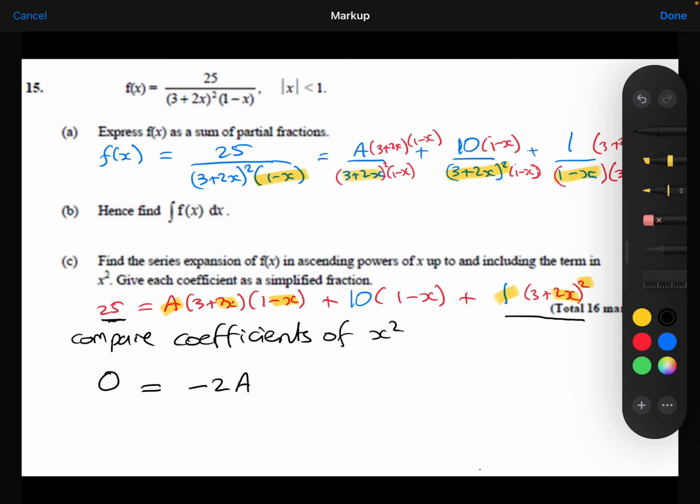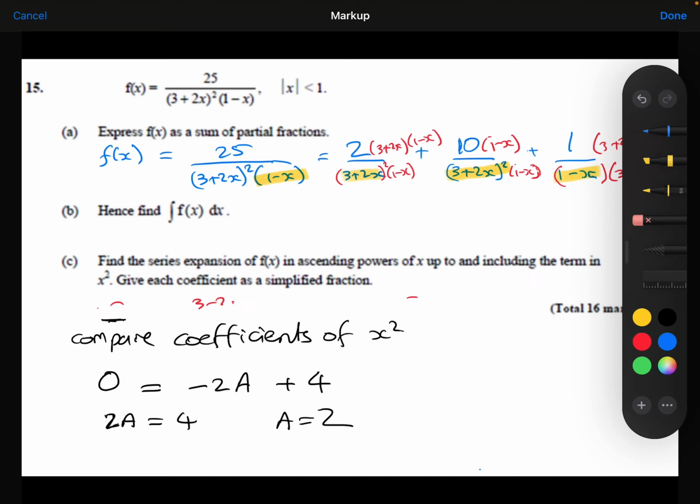So that gives me a 4x squared. So now I can see that 2a would have to equal 4. So a is 2. And I can then replace that here and here. And there we go. Let's erase the working out, and then we've finished part A of the question.